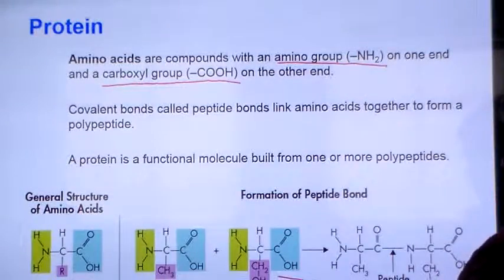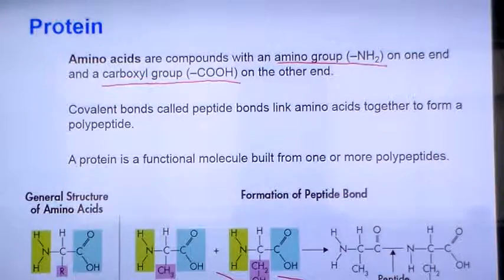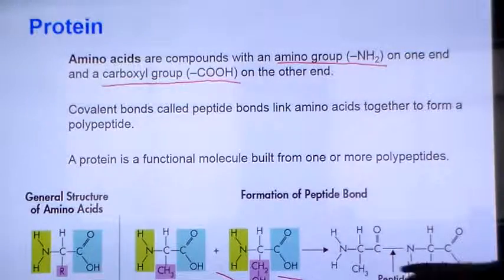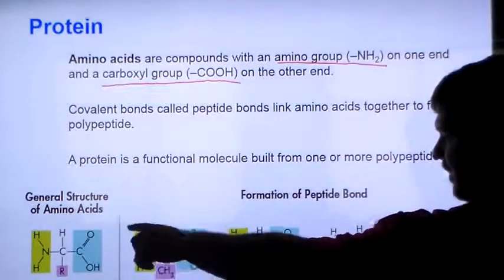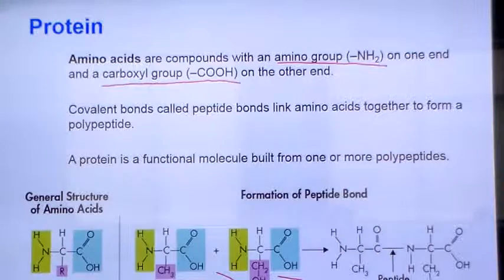Serine, here's your carboxyl, there's your amino group. So when you see that on an SOL test, as long as you can find this double bond here, this oxygen, or the nitrogen with 2 H's on it, you know it's going to be a protein or amino acid. So a carboxyl group is COOH with a double bond to one of the O's, and the amino group is your NH2.